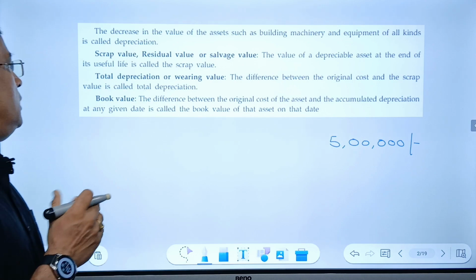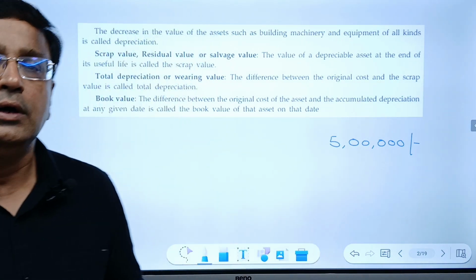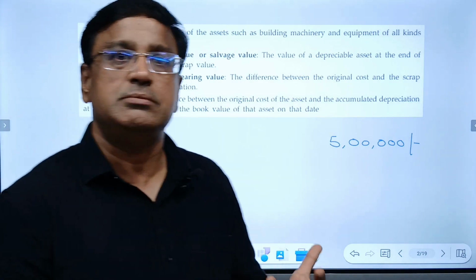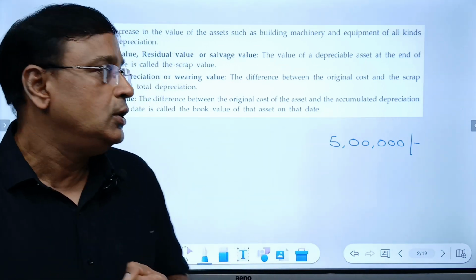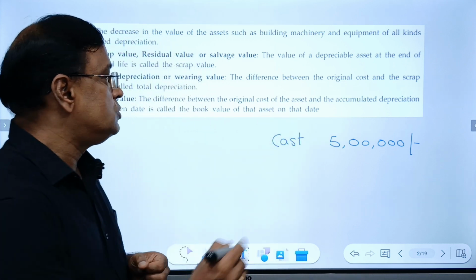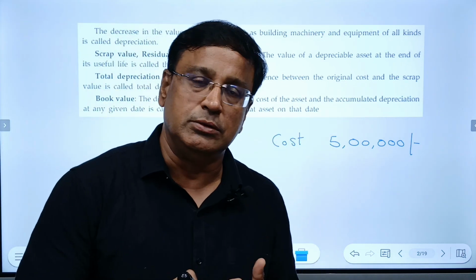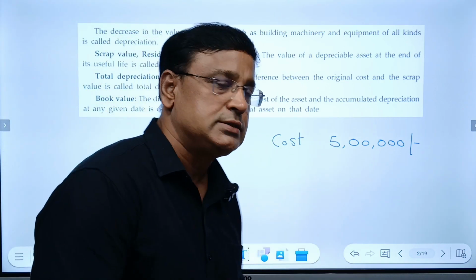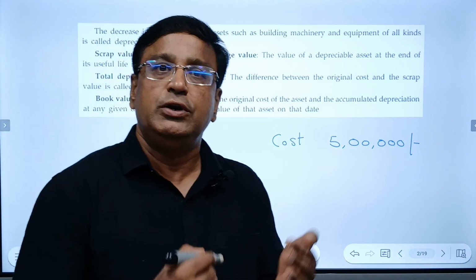Now what happens after 1 year? I use the car for 1 year. Whether I use the car or not, it doesn't matter, there will definitely be wear and tear in the vehicle. So the car will no longer be worth 5 lakhs, but it will undergo a depreciation because it has been used for some time.